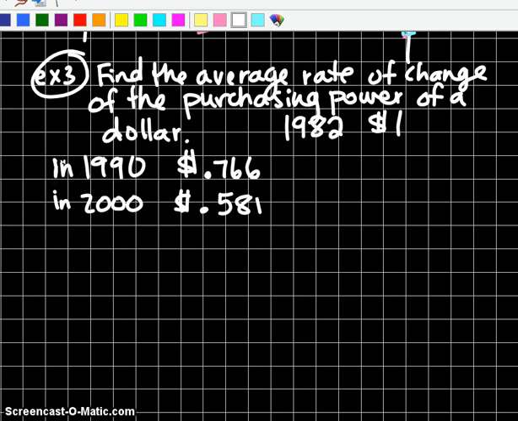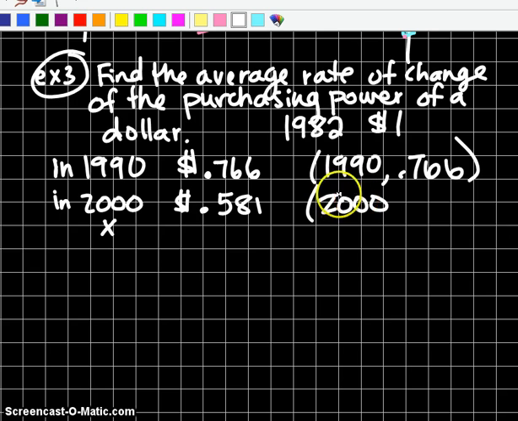Whenever you're given a problem like this, you first always want to make your information ordered pairs. And I'll tell you 98% of the time, your time or your date or whatever is going to be your X value. So my two ordered pairs are 1990, 0.766 and 2000, 0.581.